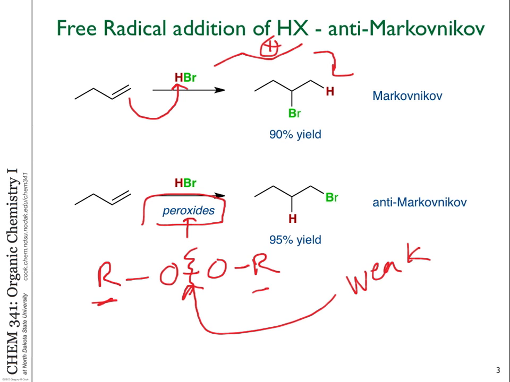So if you think about it, in order to explain this result, based on what we know, there must be some kind of reactive bromine which is adding first. But we don't have Br2, so we don't have Br plus. This, however, forms radicals. And so we might want to think, well, the mechanism must be changing somehow.